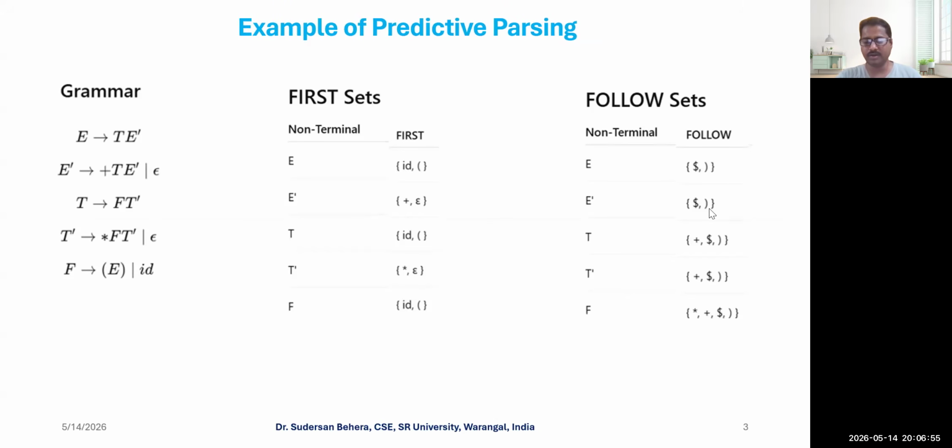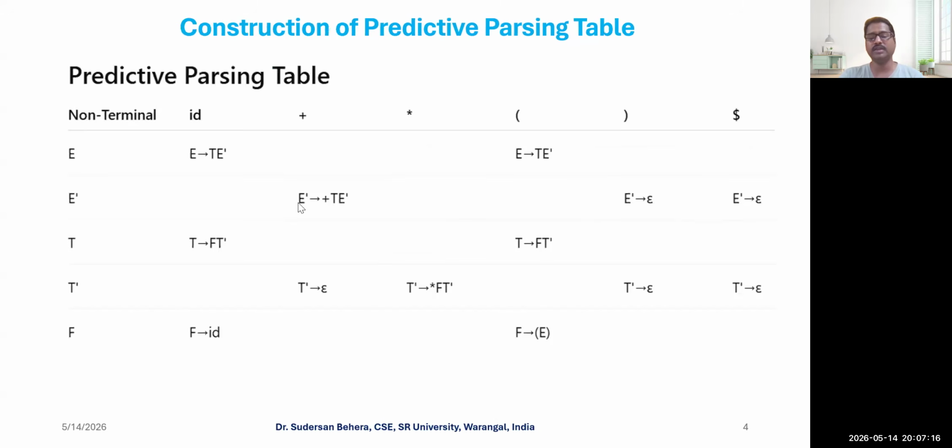Dollar and closing bracket. So in M of E dash comma dollar, there should be E dash derives epsilon, and M of E dash comma closing bracket should also be E dash derives epsilon. These two entries are there.